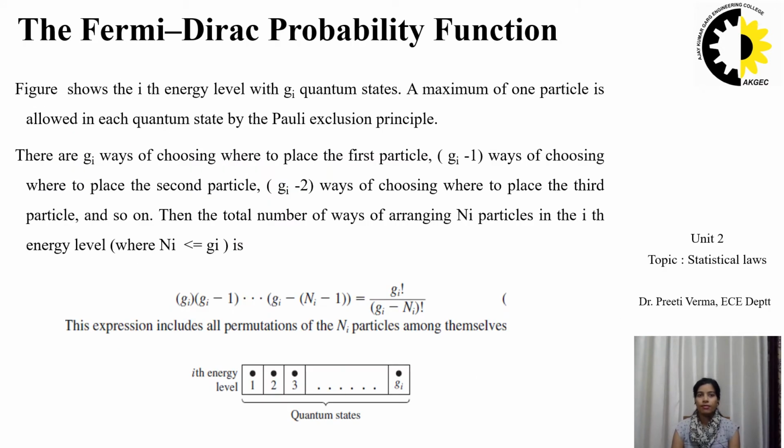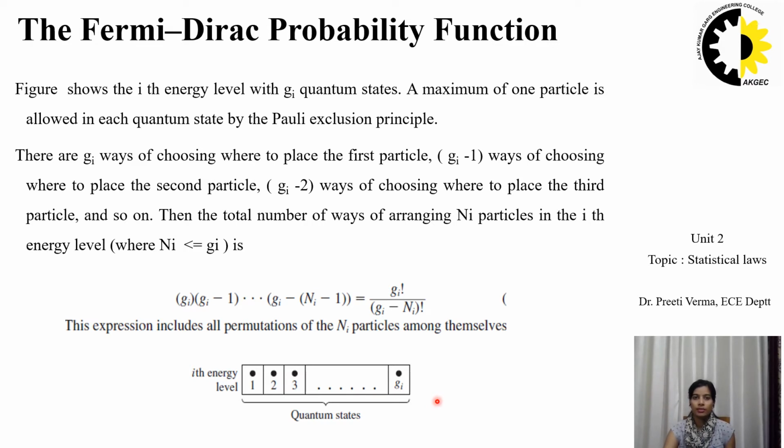In the Fermi-Dirac probability function, as you can see in this figure, there are gi quantum states in an ith energy level. So we can write gi ways of choosing one place, as there are gi places. If we want to place one particle out of these gi places, then the first particle will have gi ways to be placed into a quantum state.